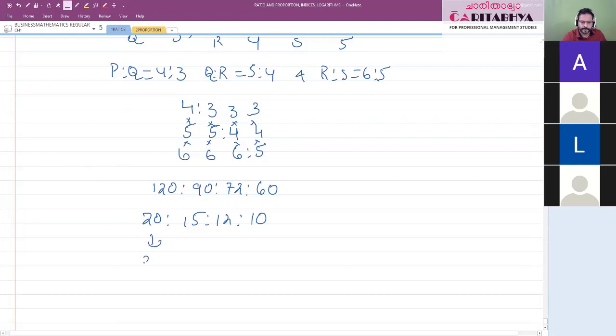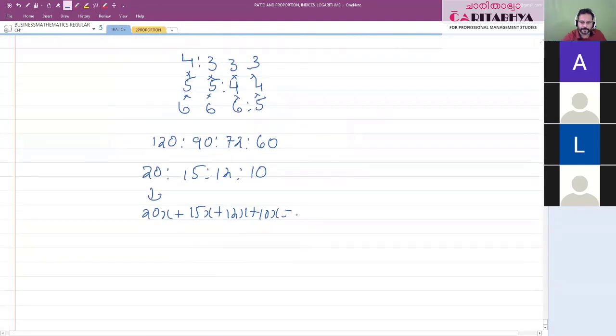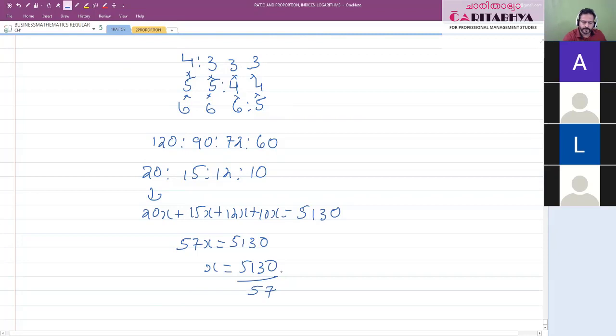So actually a problem 20x plus 15x plus 12x plus 10x is equal to 5130. 57x is equal to 5130. X is equal to 5130 divided by 57.